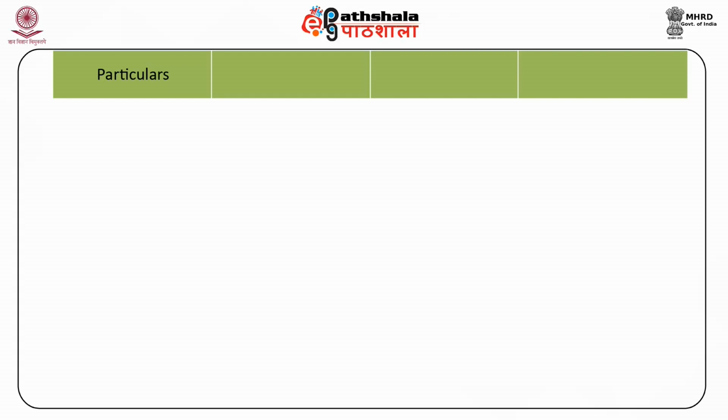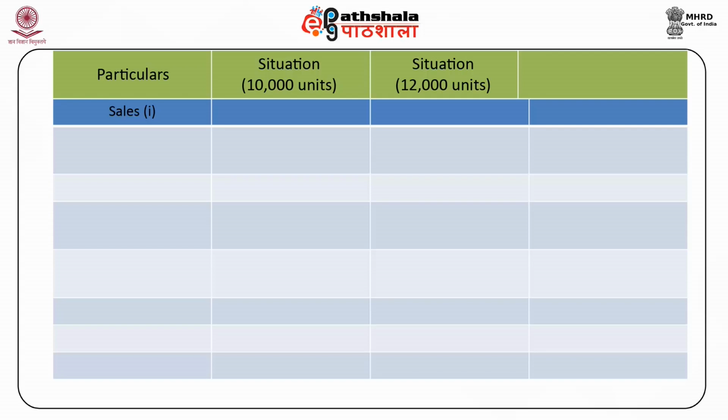We shall consider two situations. The existing situation having sales of 10,000 units and the proposed situation having 12,000 units. Thus, the total sales is rupees 50,000 and rupees 56,000 respectively.